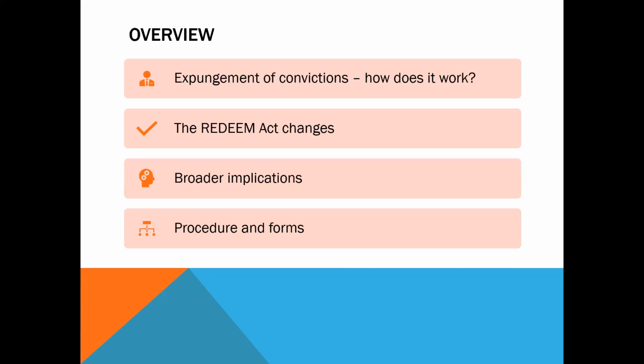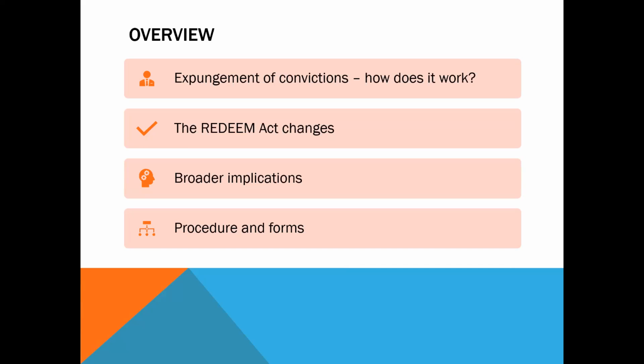The Redeem Act actually deals only with the expungement of convictions. So we're not going to be talking generally about expungement overall today and how it works in Maryland, but just focusing on the expungement of convictions and the way that the Redeem Act changes them.